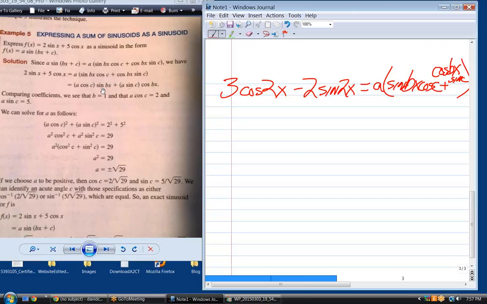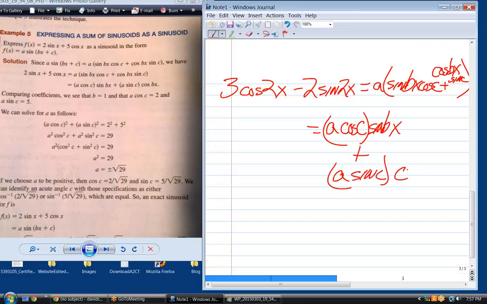Okay. And they multiply, so now they got this equals a cosine c times the sine of bx plus a sine c times the cosine of bx.